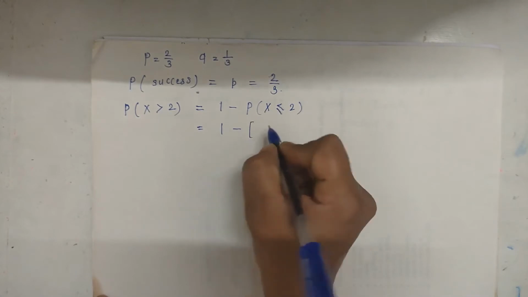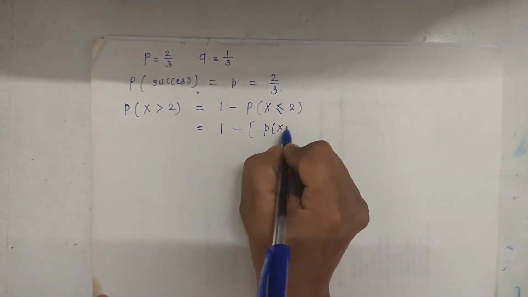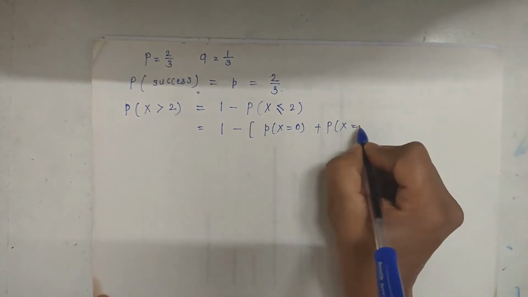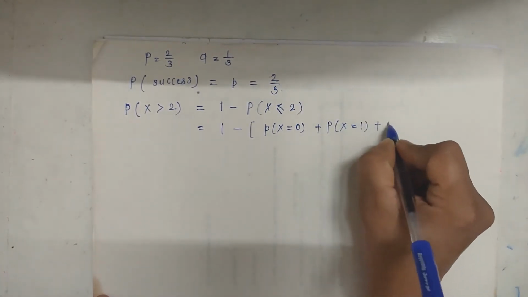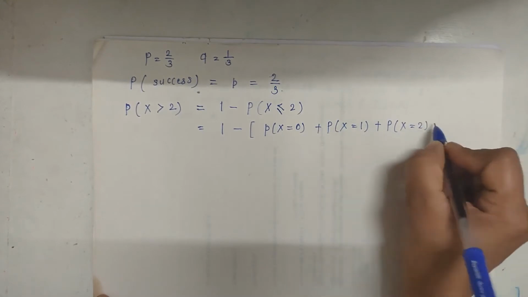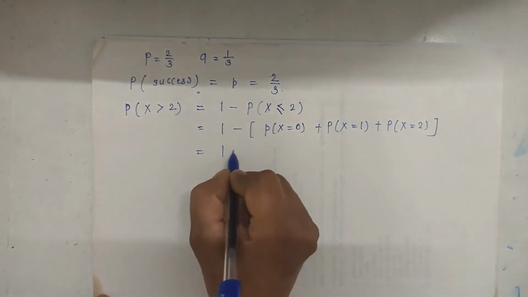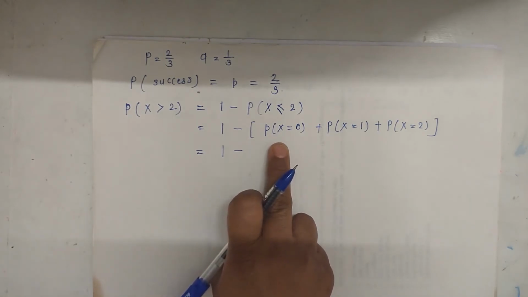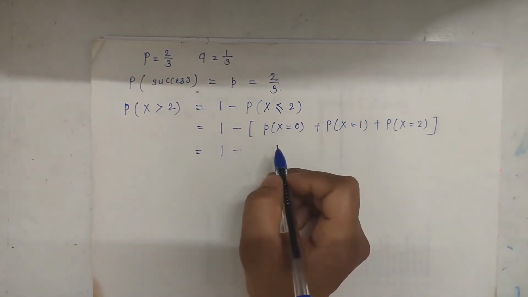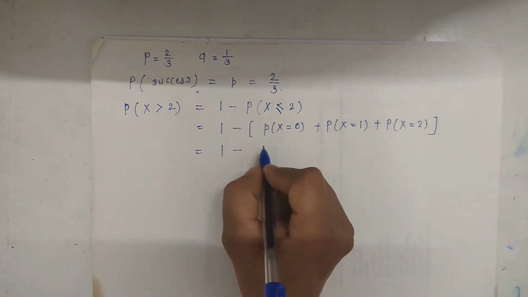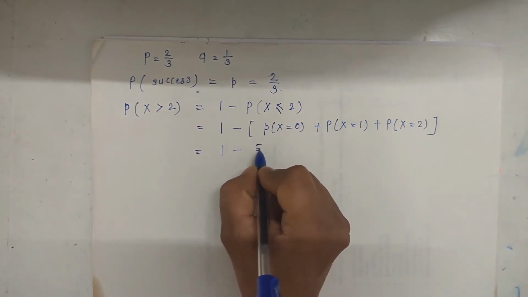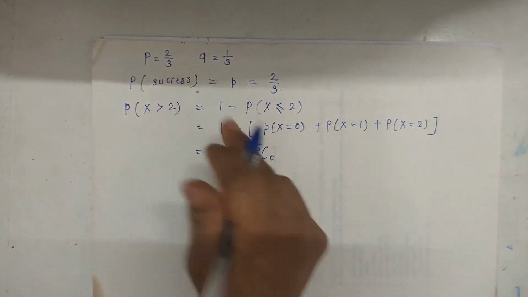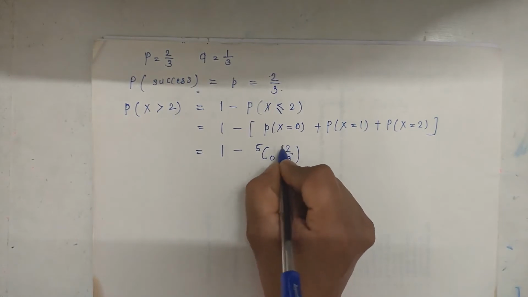So write the addition of probability for x is equal to 0 plus probability of x is equal to 1 plus probability of x is equal to 2. Now 1 minus, for probability of x is equal to 0 using binomial distribution, n is equal to 5, so 5C0. Here p is 2 by 3 raised to r.